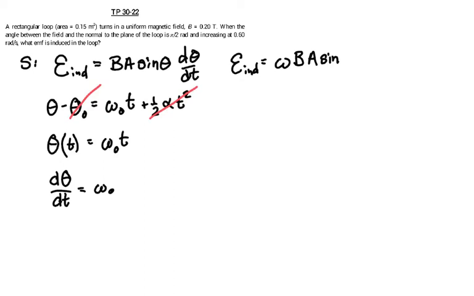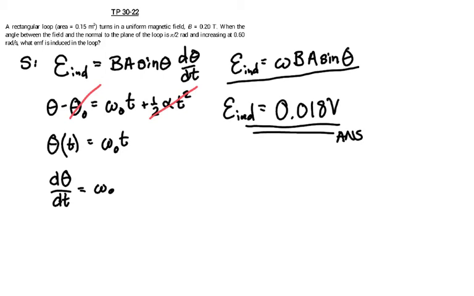And for the time being, we'll just leave that as theta. This is our algebraic solution. From this point, we can just put in our given values. So the induced EMF is equal to 0.018 volts.